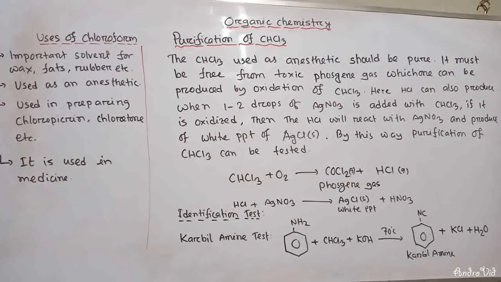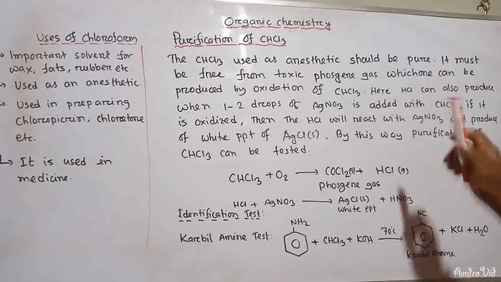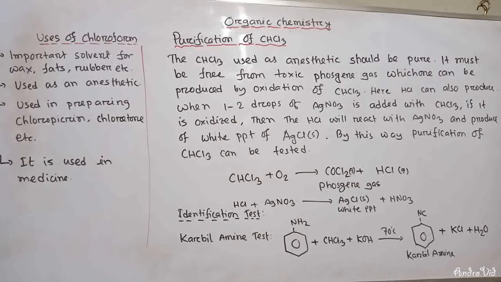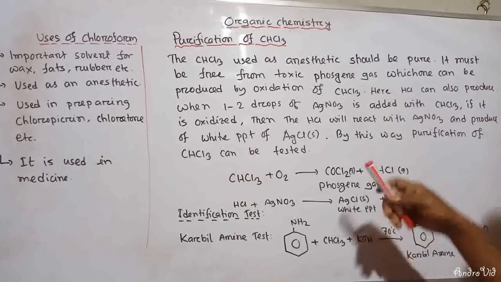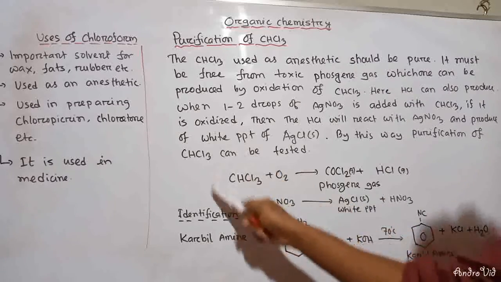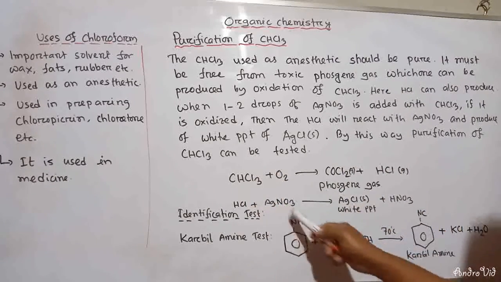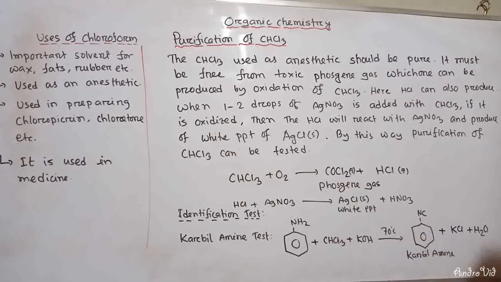So if you have chloroform, you have to make sure by a test whether it is oxidized, whether any phosgene gas is present or not. If you take a sample of chloroform and it is oxidized, and HCl gas is present, if you add 1 to 2 drops of silver nitrate, the HCl produced by the oxidation of chloroform will react with silver nitrate and produce a white precipitate of silver chloride.